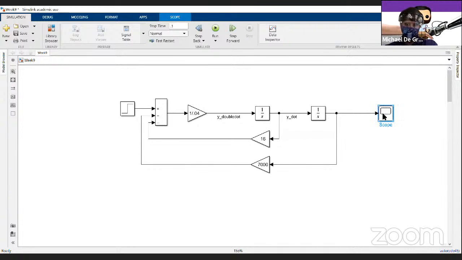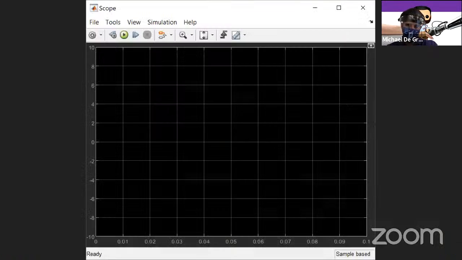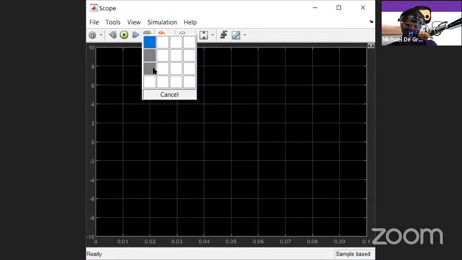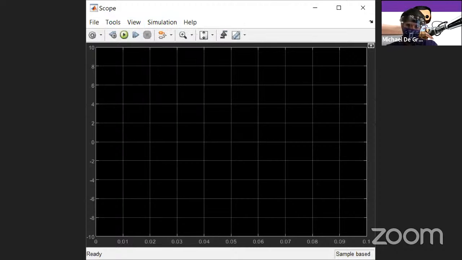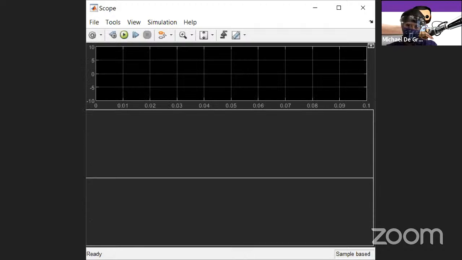Okay. Before we run anything, I'm going to open my scope. I'm going to go to View, Layout, and I'm going to make this a 3-column. Okay, make this 3-column.